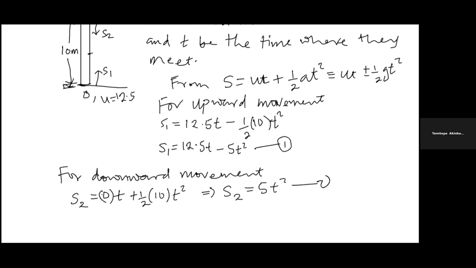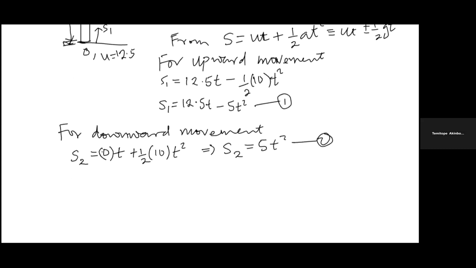The total distance expected to be covered by each of them if they would not hit one another is what? 10 meters. So equation 1 plus equation 2. So S1 plus S2 equals 10.